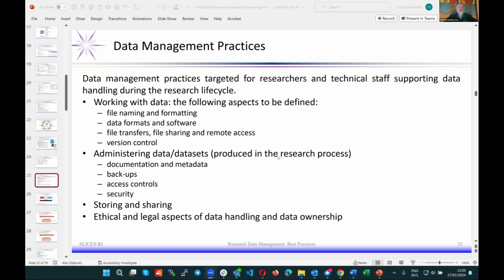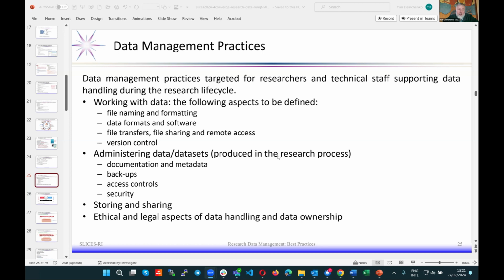Okay, so in this part, we will discuss data management practices, talking about what the components of data management are, and what advice or recommendations can be used, for example, for working with data: file naming, formatting, storing data.